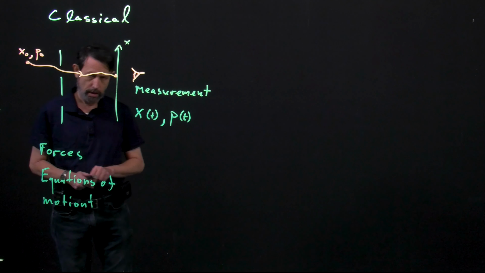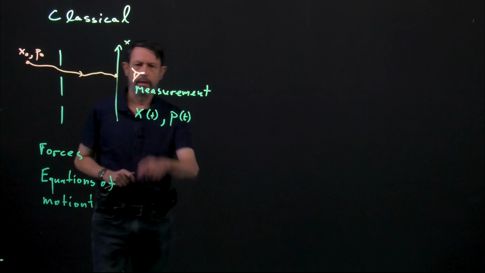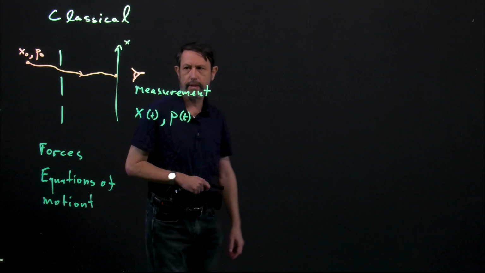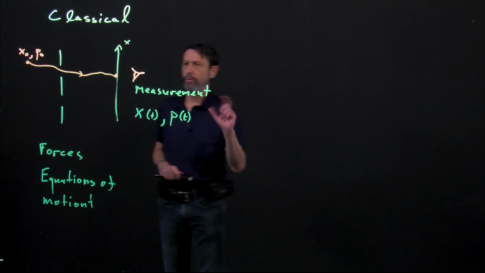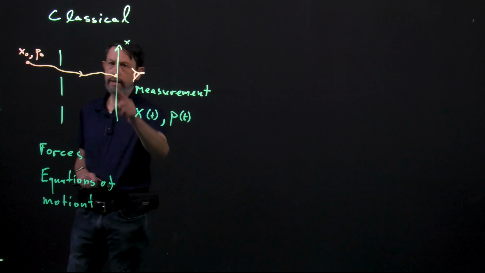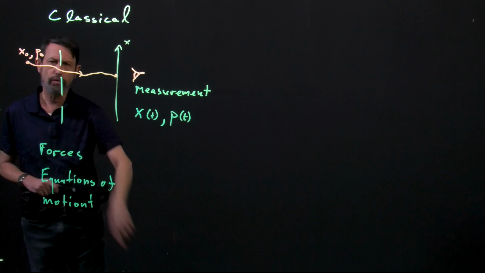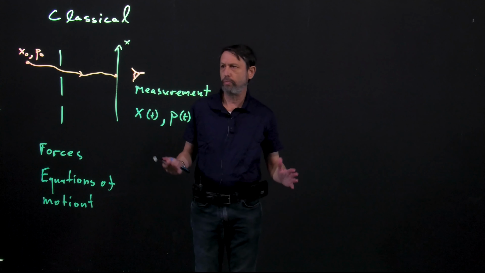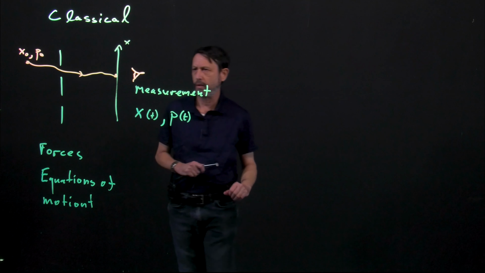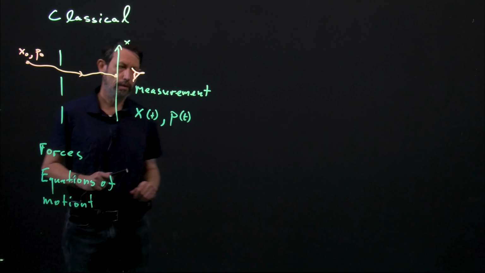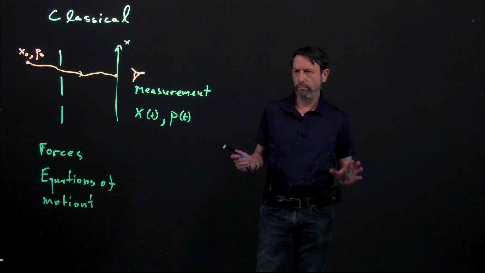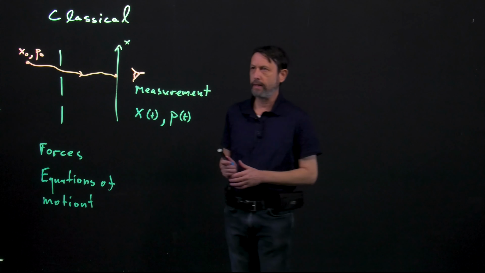Actually, if we measure x and p at the point where it hits the screen, we can perform time reversal and trace this electron back to its origin and know everything that we want to know about the trajectory that this electron took. Okay, that's the basic point of view of classical physics.